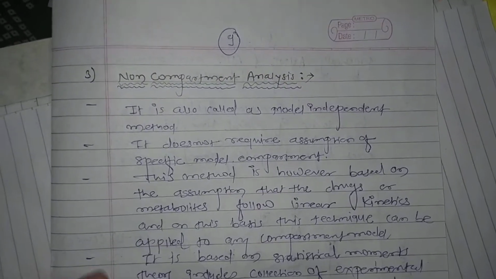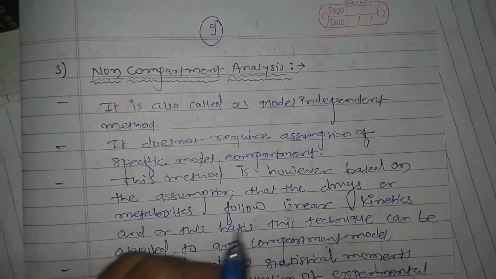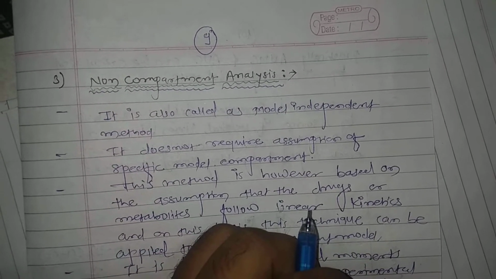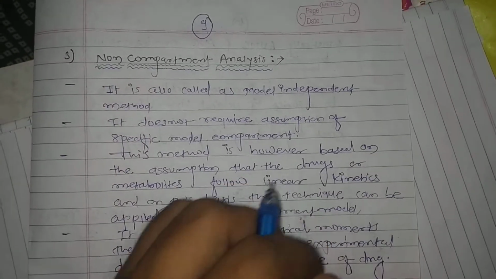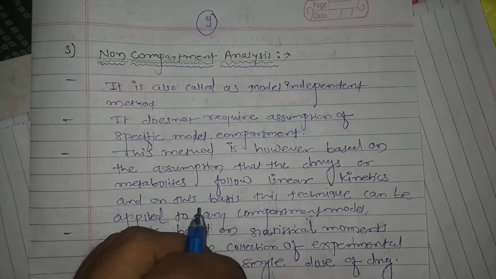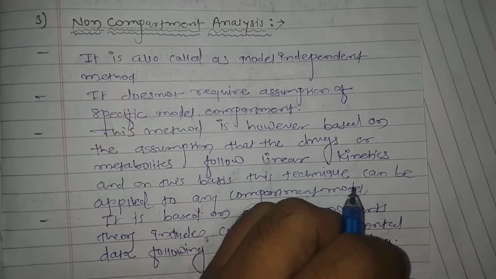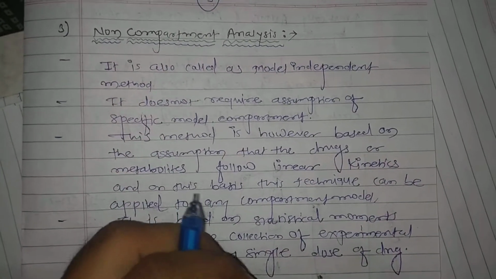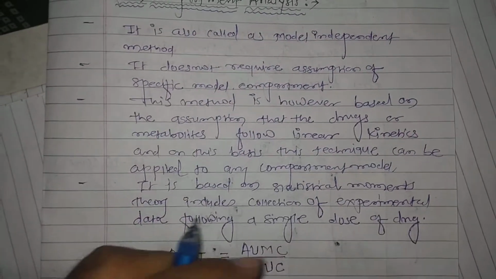Next and finally is the non-compartment analysis. It is also called the model independent method. It does not require the assumptions of a specific compartment model, means it is not dependent upon the compartment. This concept is based upon the drugs or metabolites following linear kinetics, and on this basis these techniques can be applied to any compartment model.